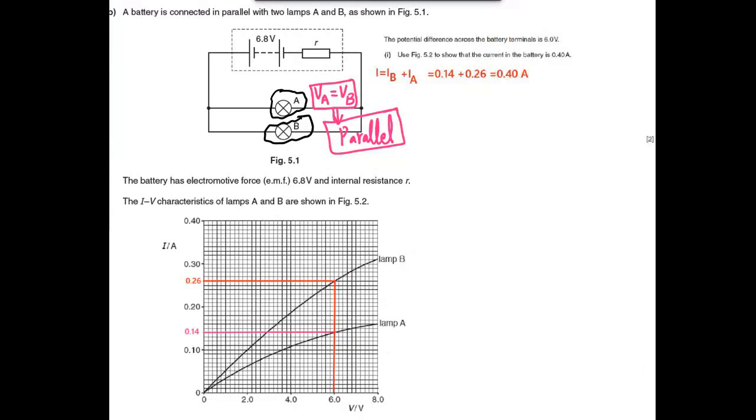Now, if you read the question, it is given to you that the potential difference across the battery terminals is 6 volt. So this is 6 volt. It means that if I attach a voltmeter across these two terminals here, what I will read is 6 volts.